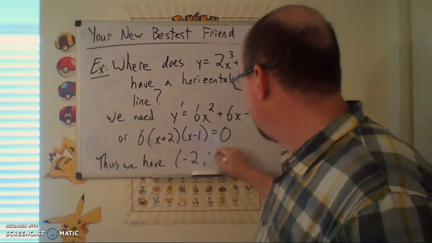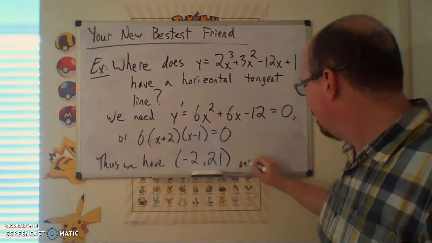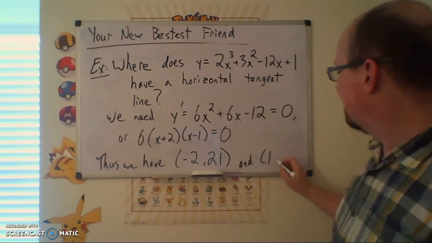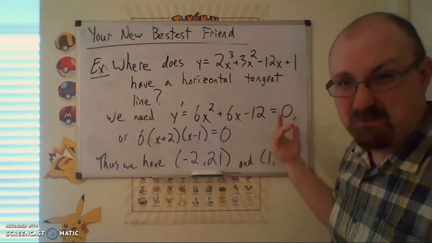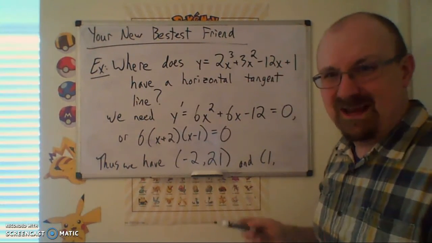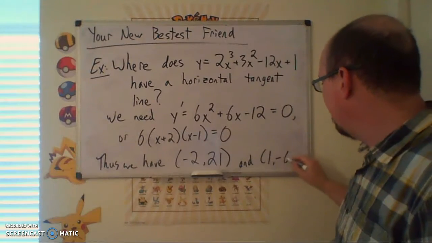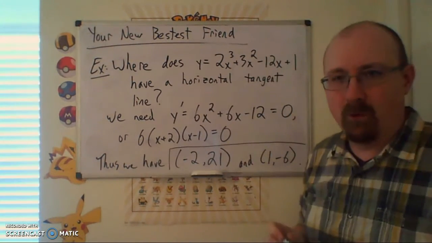But when I worked that out, I got x equals negative 2 and a y coordinate of 21. If I plug 1 into this thing, it's a lot easier for me to do the arithmetic in my head because it's basically just the coefficients plowed through, right? 2 plus 3 is 5, minus 12 is negative 7, plus 1 gives me negative 6. So those are my points with a horizontal tangent.